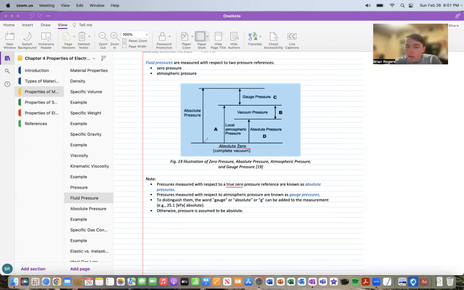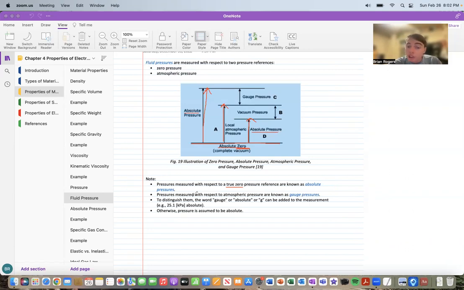Notice how a lot of these pressures are measured from this point. This one's measured from here, this one's measured from here, this one's measured from here. So they're all from this absolute mark right here, those three different pressures. They're measured with respect to the true zero, at this base zero point. So those are known as the absolute pressures, when they're measured from that base zero.